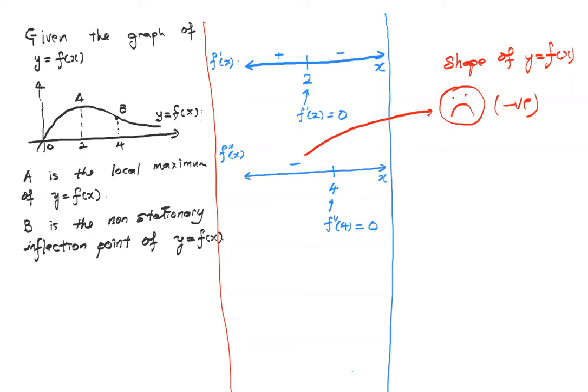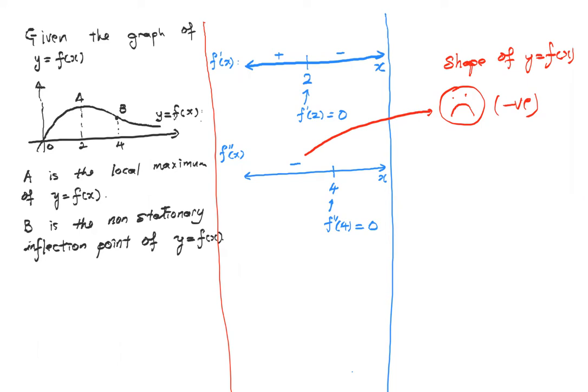So in order to know the sign of the f double prime x sign diagram, based on the f(x) graph, you have to look at the shape of the f(x) graph. You see or not? So how about x greater than 4?